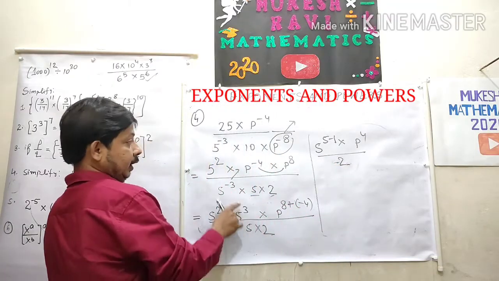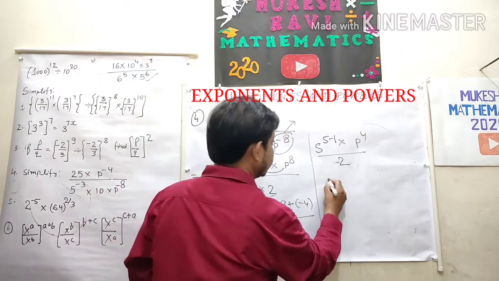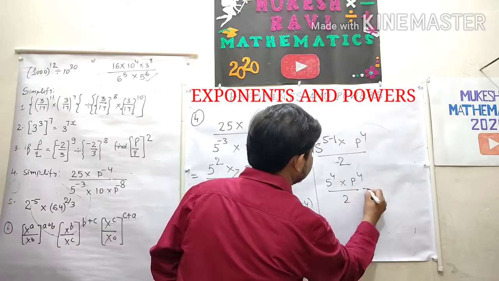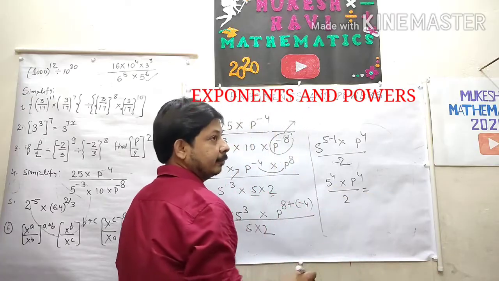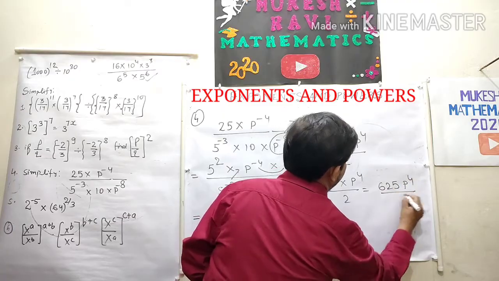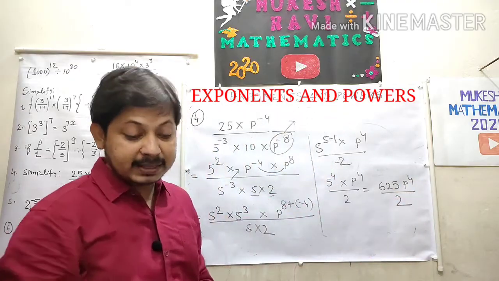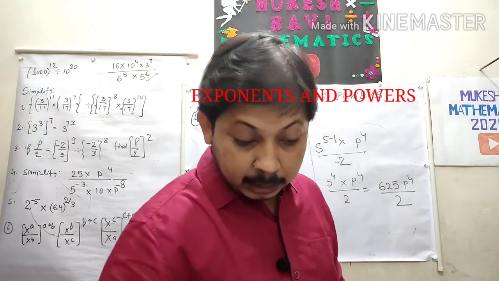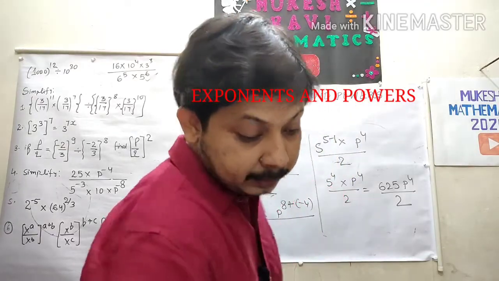This is already up in the numerator. So 5 to the power 4 multiplied by p to the power 4 divided by 2. That is 5 5s are 25, 25 5s are 625, p to the power 4 upon 2. A very basic question according to the chapter.